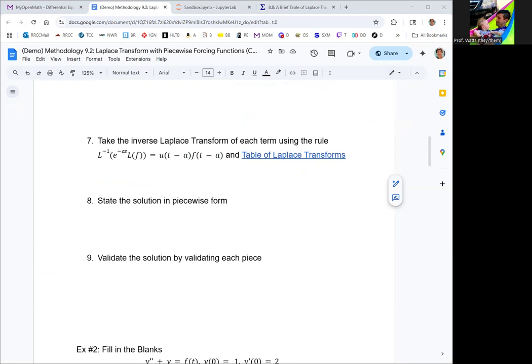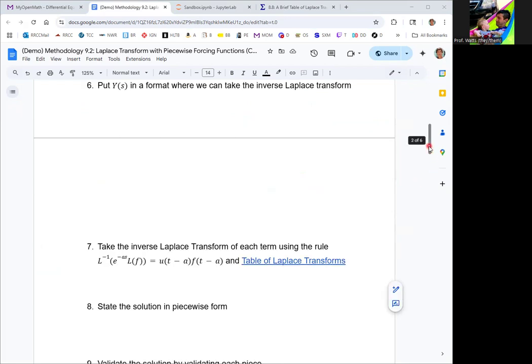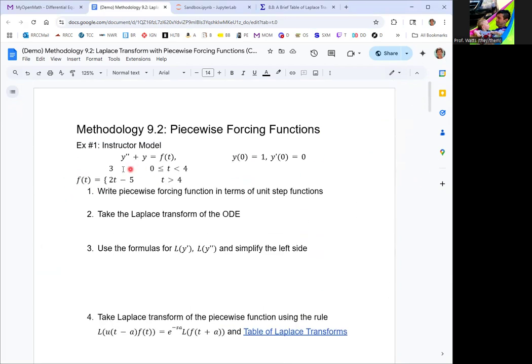Remember that the original ODE is up here. It's second derivative plus the function. And so we'll take the piece and we'll do second derivative plus the function, and that should give us these two pieces here. So we'll watch for the first piece being 3 and the second piece being 2t minus 5. And we'll just use technology here.